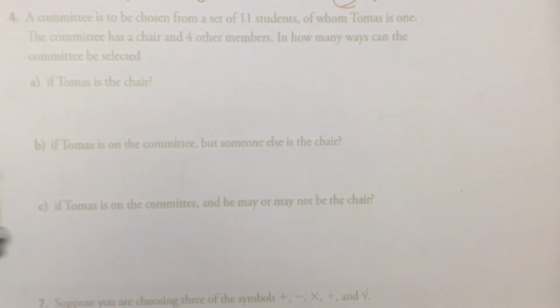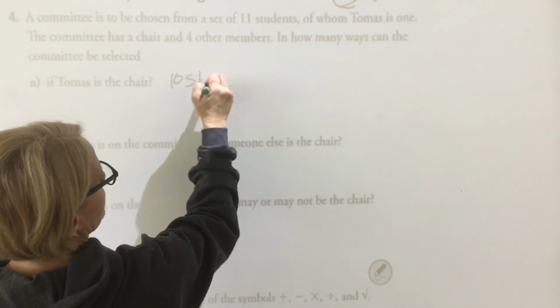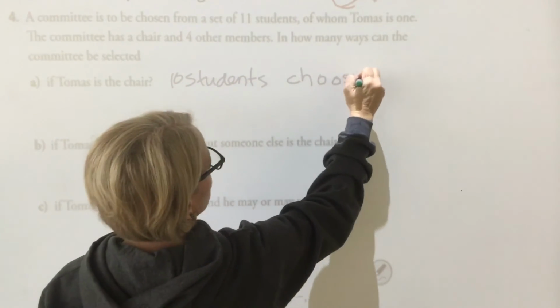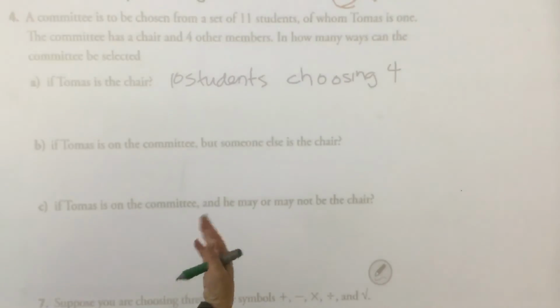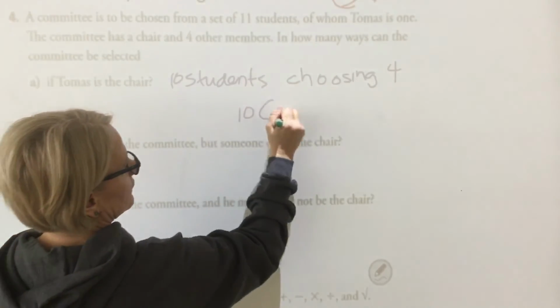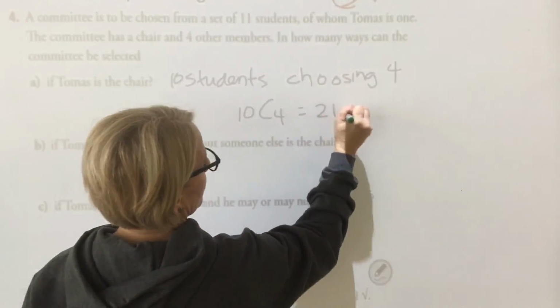So really now, instead of 11 students, we have 10 students. There's our set, and we're choosing 4. It's a committee that doesn't have order. The order doesn't matter. There's no positions. So it's 10 choose 4. So I'm going to put that number up here.